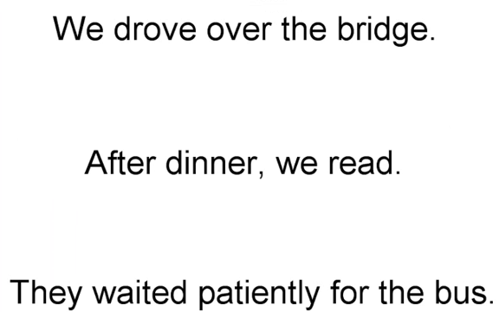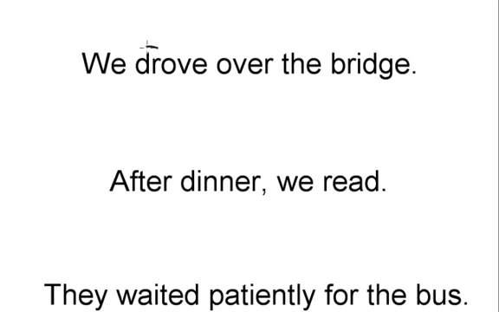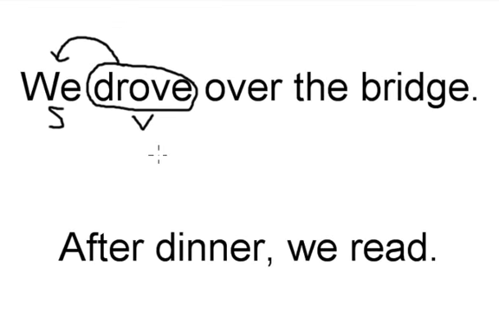Now I want to give you three sentences that contain verbs that do not have direct objects. In our first sentence here, drove is our verb, that's the action. Get in the habit of finding the subject immediately. There's our subject, there's our verb or simple predicate. Drove what or drove who? That question is not answered. This verb is followed immediately by over the bridge, which is a prepositional phrase.